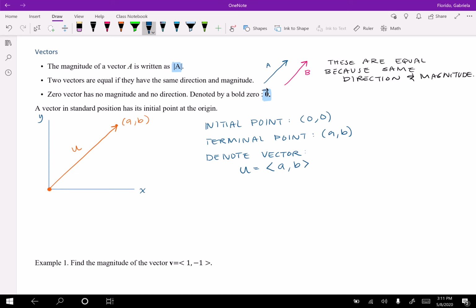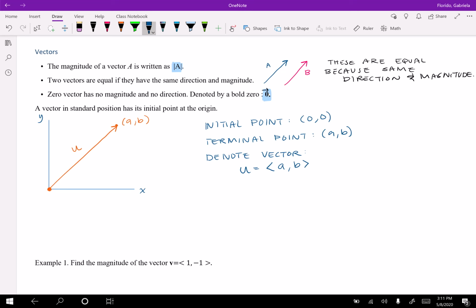In order for us to denote that this is going to be a vector, instead of parentheses we're going to be using these little fancy brackets. This lets us know that this vector's terminal point is at A, B, and again, the initial point is always at the origin. All right, so here is my vector u.